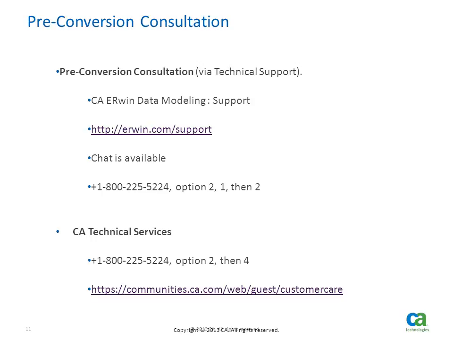We also now have chat available. You can contact us by phone, or you can open an issue right from the website. We also have CA technical services available. You can phone 1-800-225-5224, option 2 and then 4, or you can request that using the URL below, communities.ca.com, web guest customer care.